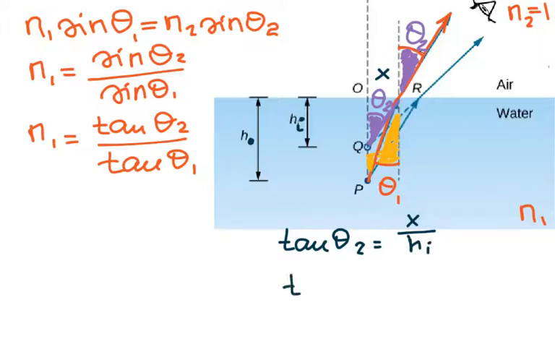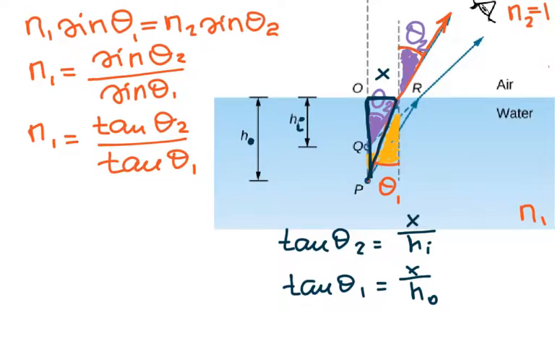And tangent of theta 1, for theta 1 I have to look at this triangle that I'm drawing right now, the dark one, gives you x over ho, where the object really is.